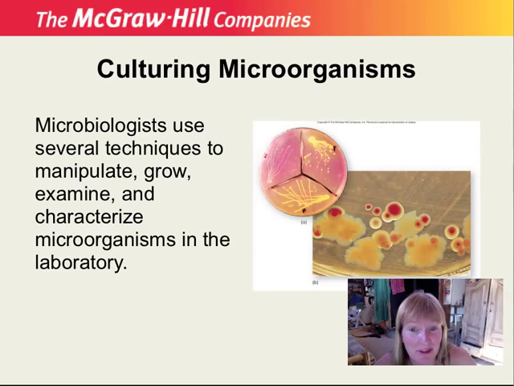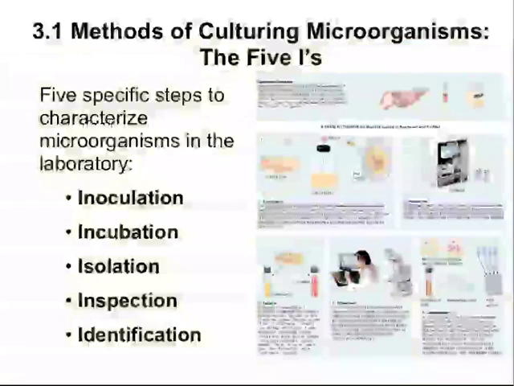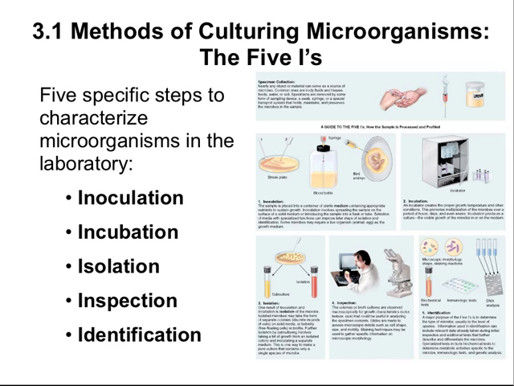Microbiologists use several different types of techniques to grow, manipulate, examine, and characterize microorganisms in the laboratory. We can basically break them down into 5 specific steps: the inoculation, the incubation, isolation, inspection, and identification. In inoculation, we're simply collecting a sample.